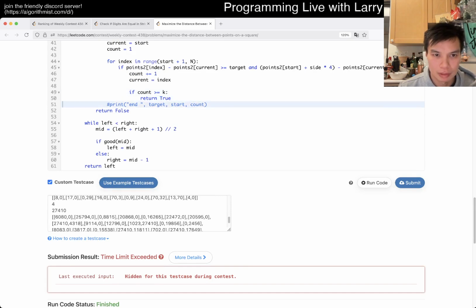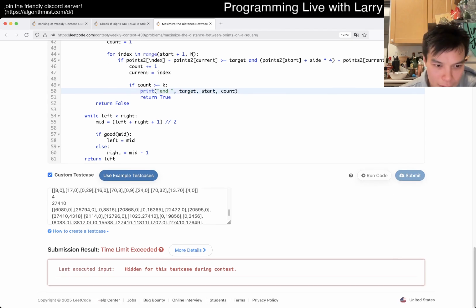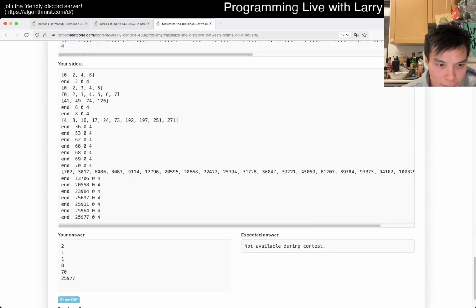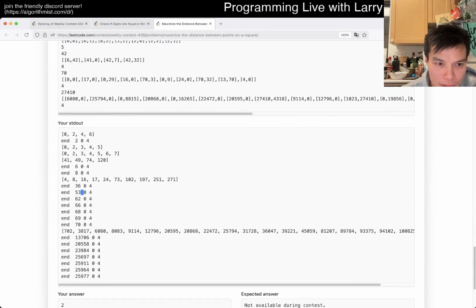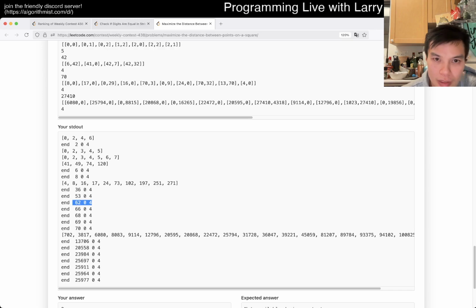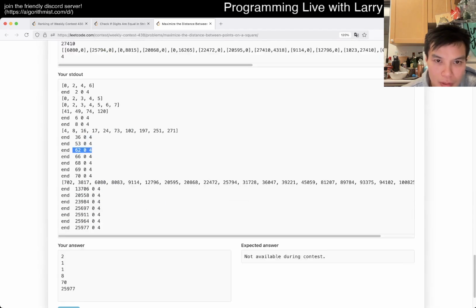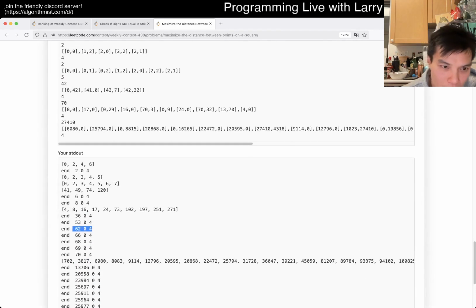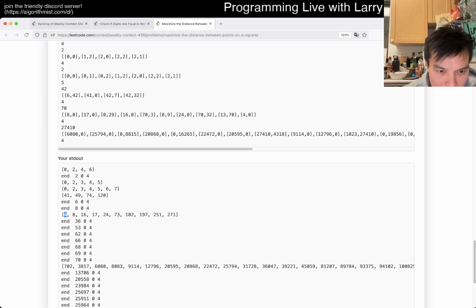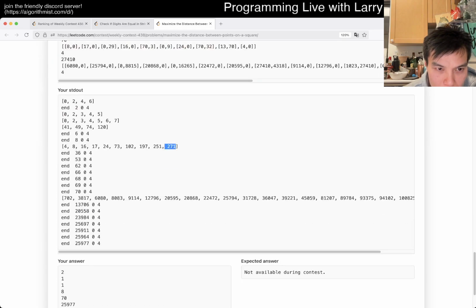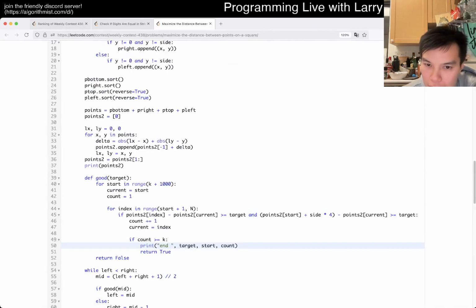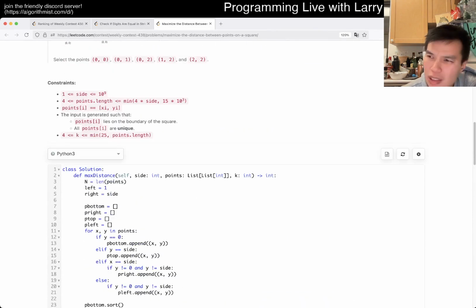Let's print. So this is wrong too, optimistically. So we can do something like this maybe. 53 is good. 62 also thinks it's good. With the start of 0. Okay, so that's easy to look at anyway. So 1, 2, 3, 4. Side is maybe, but this thing is wrong maybe. Is it side times 4?